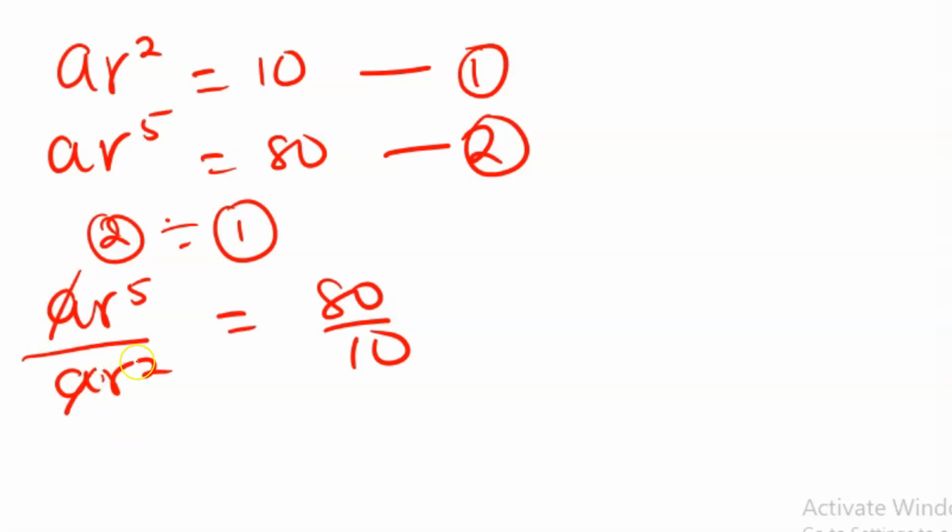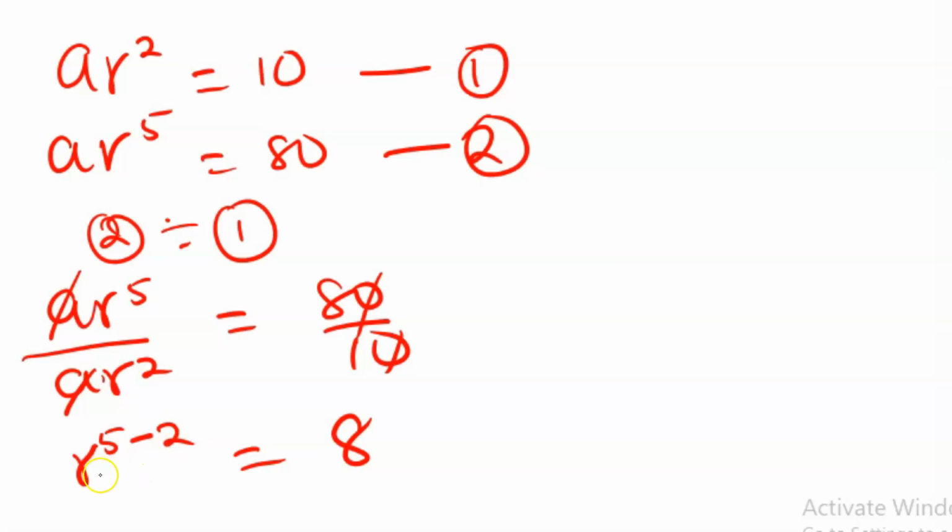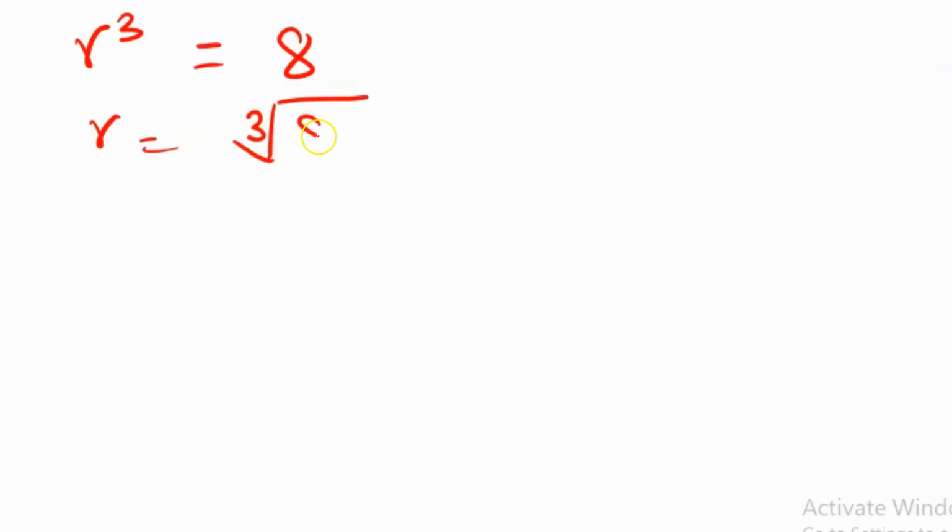And this a will cancel a, and from these indices, r raised to the power 5 minus 2 will be equal to 8. r raised to the power 5 minus 2 is r cubed. So we have r cubed is equal to 8. So r will be the cube root of 8, and the cube root of 8 is 2.